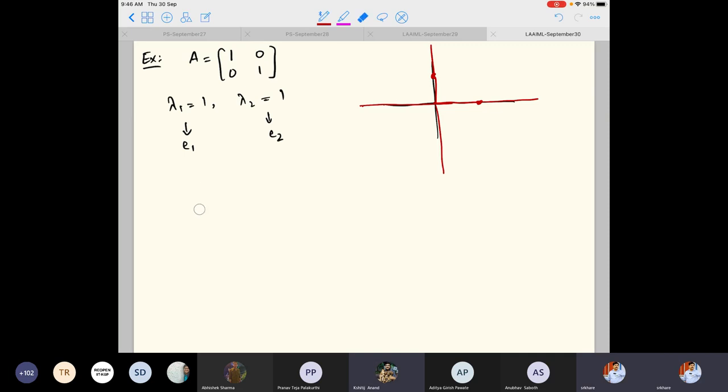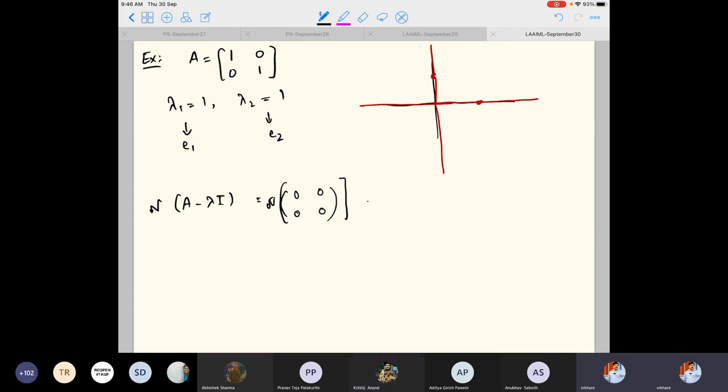Okay, so I have A minus lambda I. That is what I want. So A minus lambda I is basically the zero matrix. You agree? Correct. So I wanted to start with the null space of this matrix. That is what I am looking at.